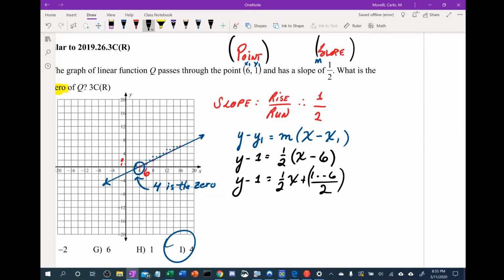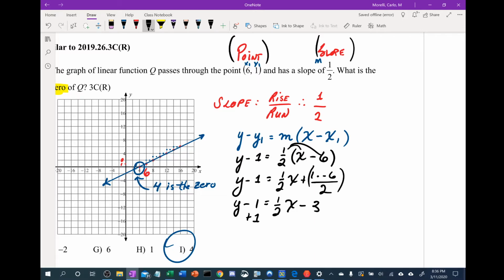When you distribute that fraction 1/2 over to negative 6, we have y minus 1 equals 1/2 x and then 1 times negative 6 over 2. 1 times negative 6 is negative 6. Negative 6 divided by 2 is negative 3.